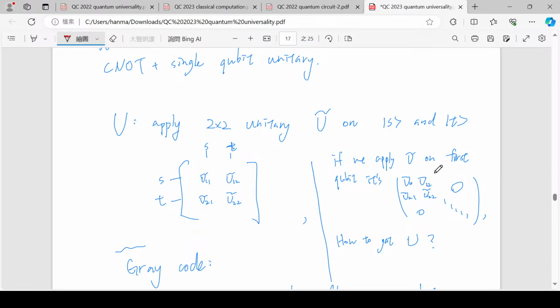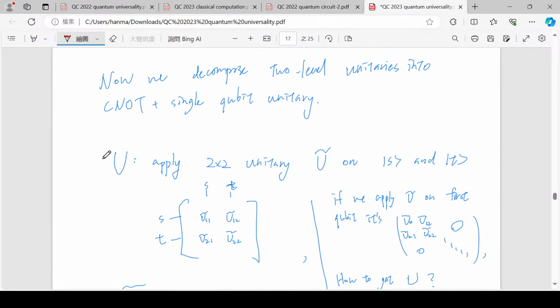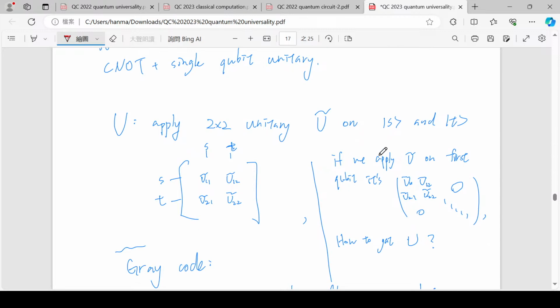So we take this U tilde single qubit unitary and try to transform it into this 2-level unitary on levels s and t. What we do is apply U tilde on the first qubit, and then write down the matrix. It will look like this.